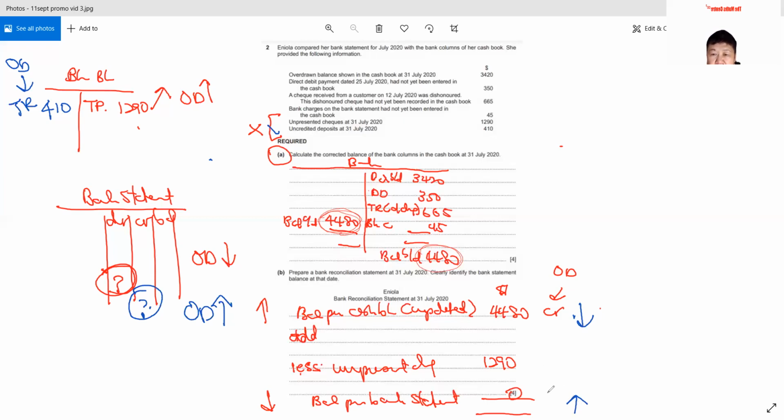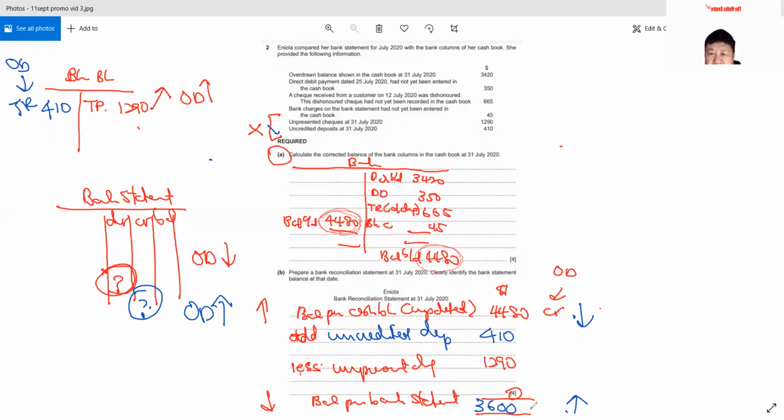So small to big, you have to add. Small overdraft becomes big, add 410. And this is uncredited deposits. And then you go 4480 plus 410 less 1290, and you get the balance exactly 3,600.